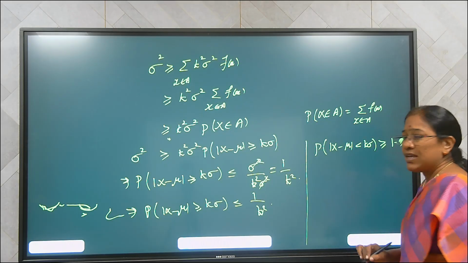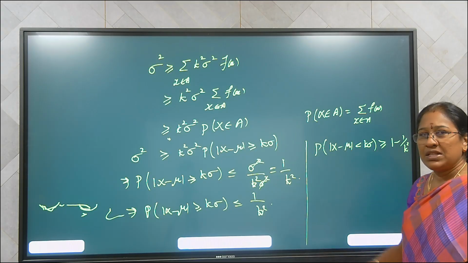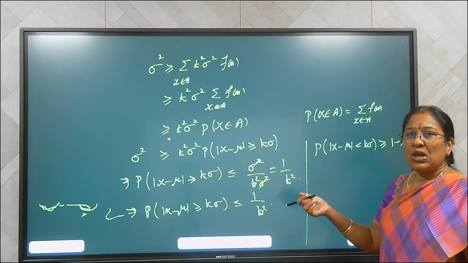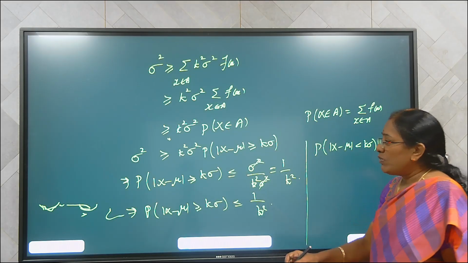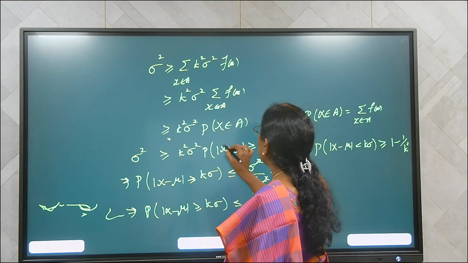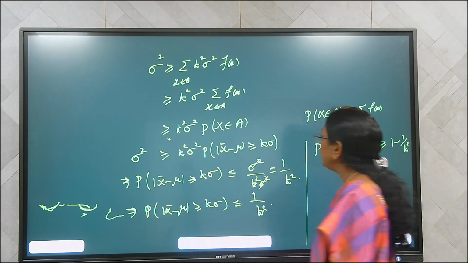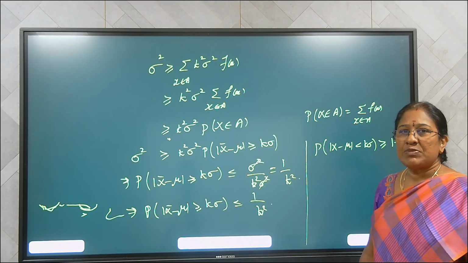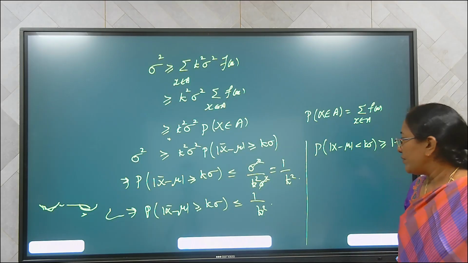In this way also we can write the probability by reversing the inequality. These two give the upper bound and lower bound for the difference of x bar and mu. Instead of x we have to use x bar. The difference between x bar and mu is very minimal, so in that way we can see it.